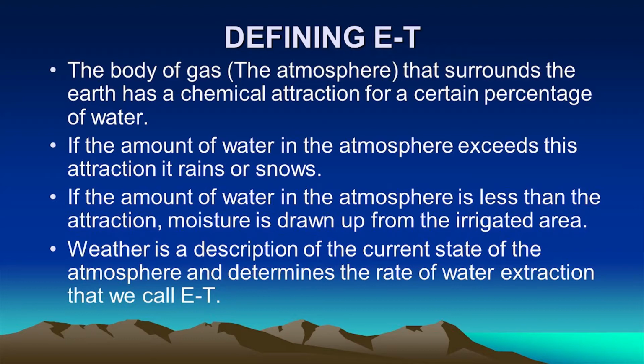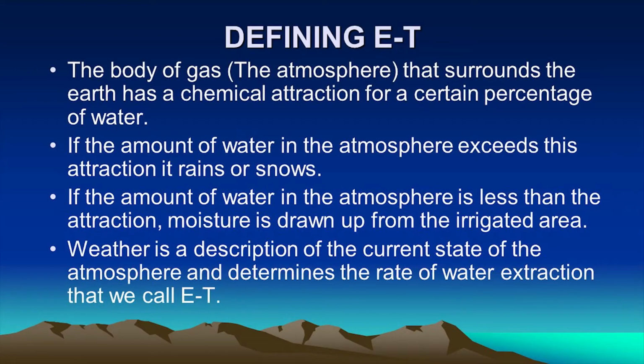If the amount of water already in the atmosphere, like on a humid day, is higher than the chemical attraction, and we have excess water, it rains or snows. If, on the other hand, the atmosphere is dry, a real dry day, then it's going to suck water up from our landscape.